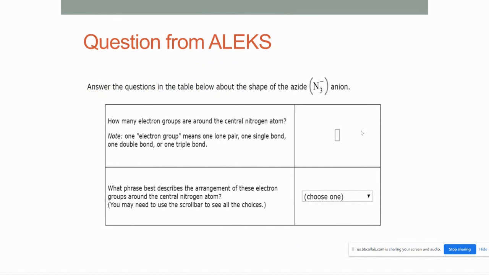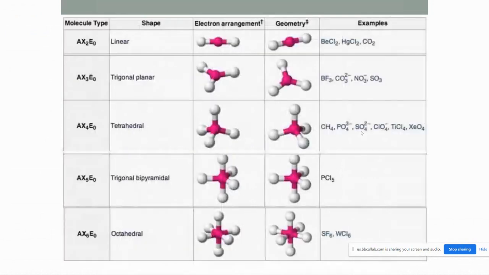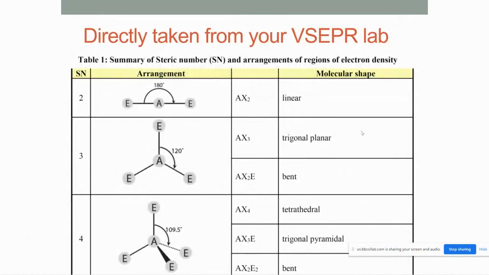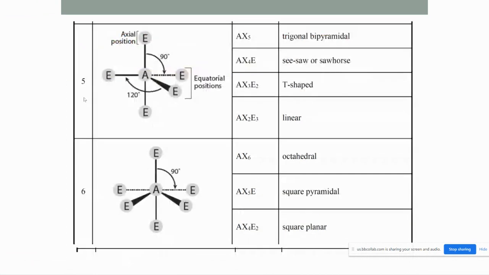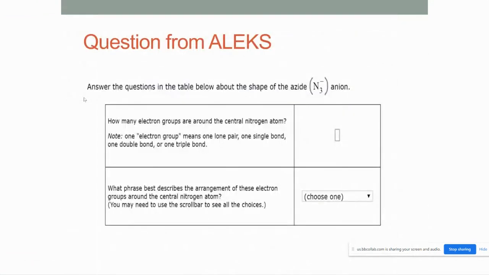I do not count the A. I just count the 2 from the X and the 0 from the E. That's how I end up with 2 electron groups. Or if you want to go back to this table and use it, be my guest. AX2E0 is the same as this, and look at the steric number, SN, it is 2. I told you the steric number and the electron groups are the same, and that's why 2 is the number of electron groups around the central nitrogen atom.